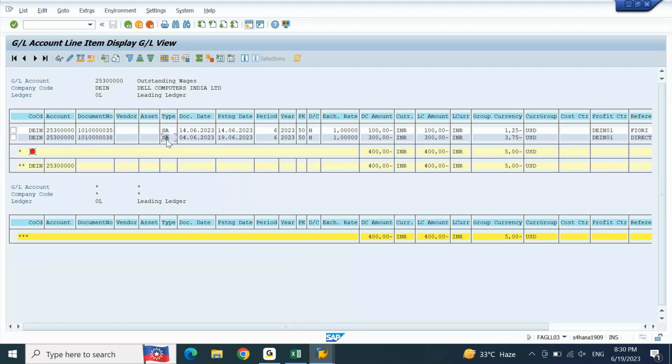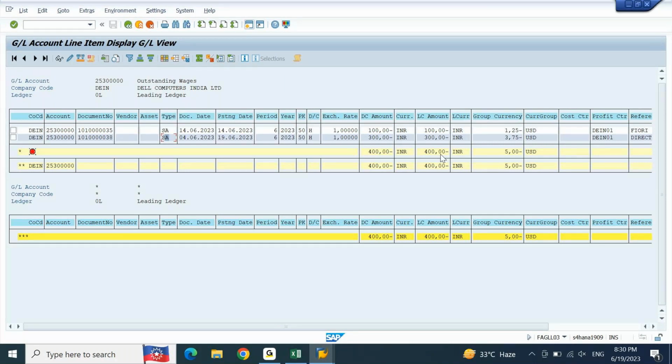If I put document type SA, the system will identify both. It will pick the amount of 400, which will not match with the amount that you have given as 300. So instead, you will be proceeding with document number at the beginning.